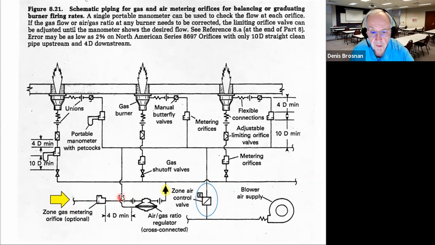So if you follow the gas line, it jumps the air line and comes into a T where it's going to control or provide gas to the individual burners. Okay, so that's what's happening over here and over here. So three burners in this burner group. The air system jumps the gas line and is provided, well, I guess I had that wrong just a minute ago. It's the air system that's coming into the side of the burners. Okay, so I apologize for that. And the gas system comes up directly.